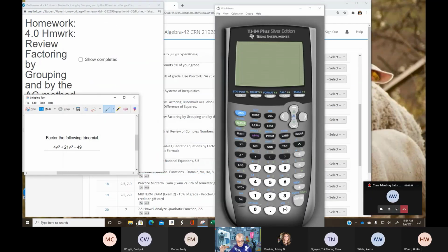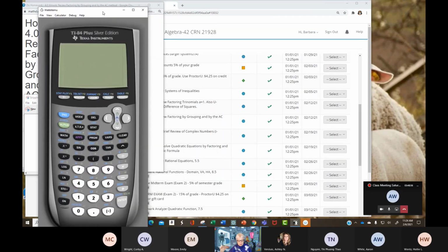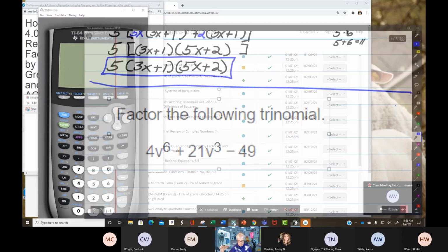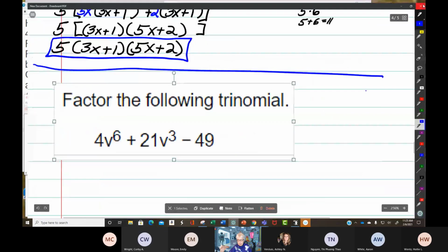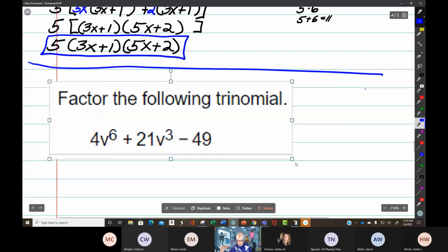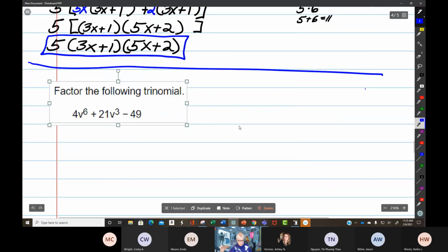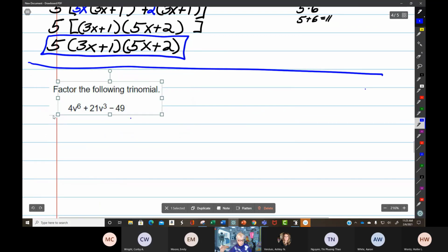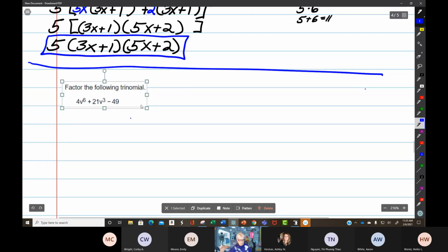Oh. I'm wilting quickly. There we go. Okay. Yeah, it needs to be bigger than that.